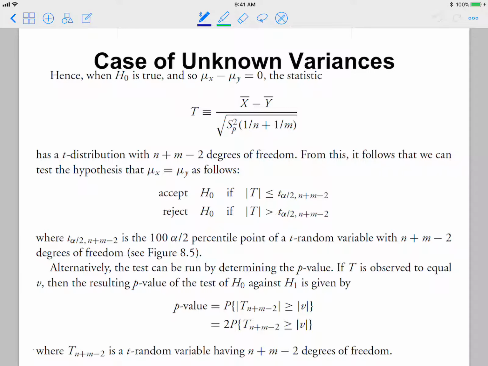Yeah, you can compute the p-values as well, right? Computing your test statistic, and then suppose that value is v, and then we can compute this p-value.